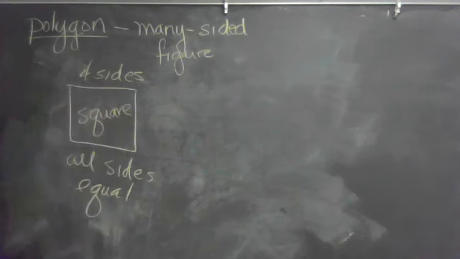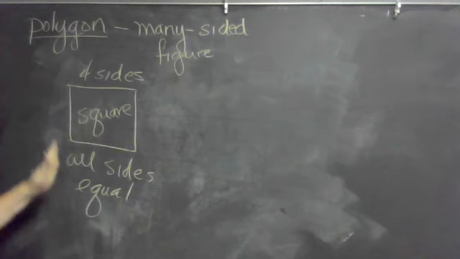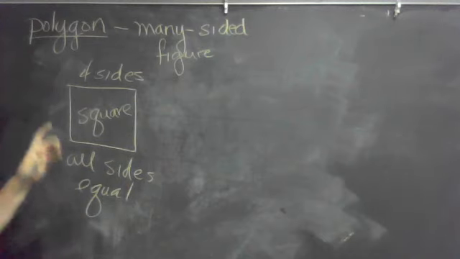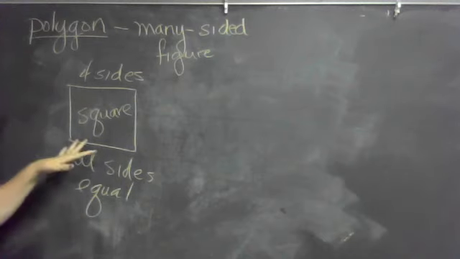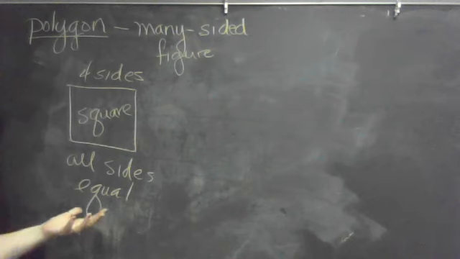And believe it or not, it's also a rectangle. Okay, a rectangle has 4 sides. The opposite sides are parallel. Okay, this is a special rectangle. Okay, all of the polygons with 4 sides, all of those are rectangles.